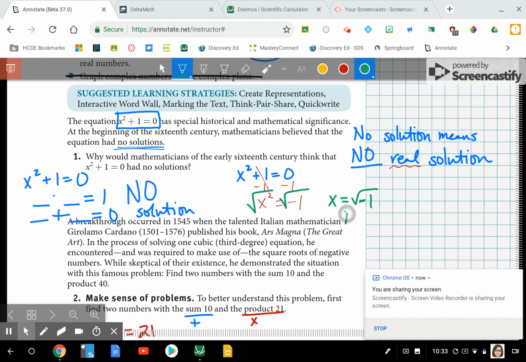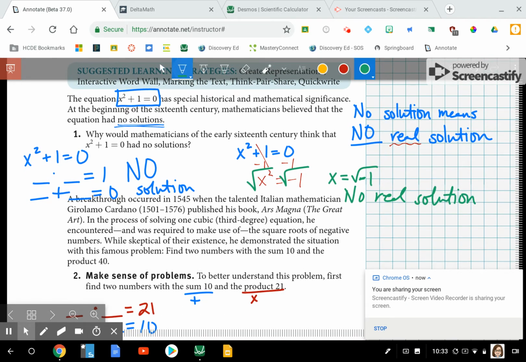You should have gotten no real solution. So in all these problems that we've done before, and even problems you've approached in Algebra 1 and geometry, anytime you get no solution, it really means no real solution. Today we're going to look at how you can get an imaginary solution.